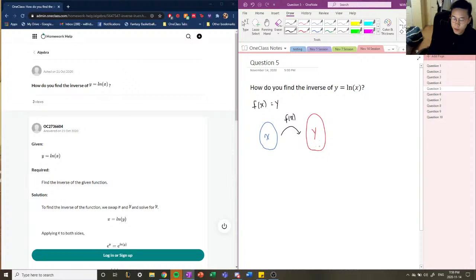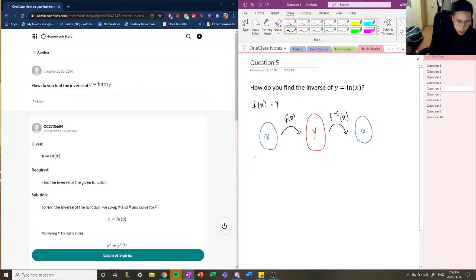It takes values of y and maps them back to values of x. The convention is to write the inverse with a superscript minus 1 after the f. So the inverse of f takes a value of y and maps it back to a value of x.